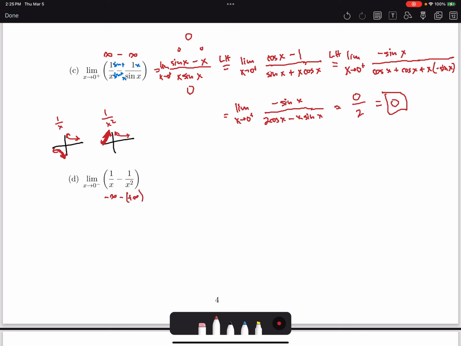So we have negative infinity minus infinity. Well, that's not indeterminate at all, right? Infinity minus infinity is indeterminate, but negative infinity minus infinity, that's just negative infinity, right?